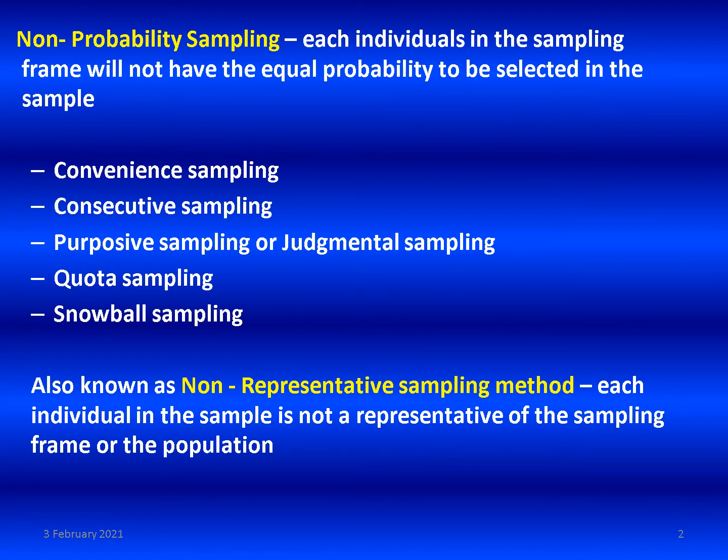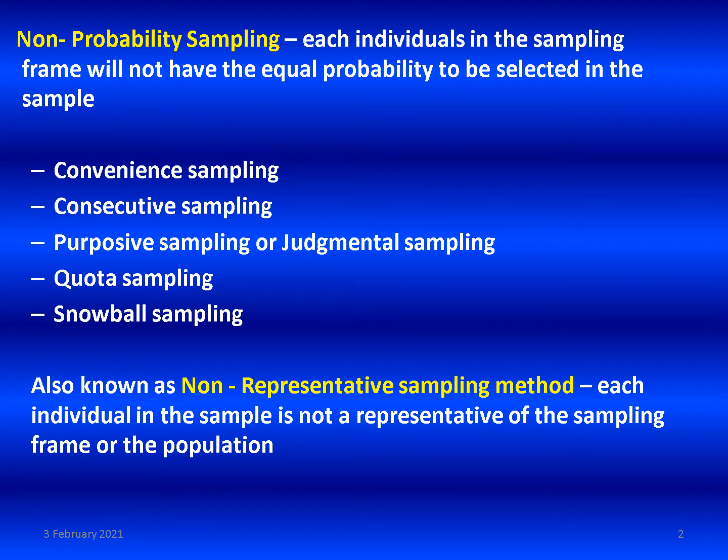Non-probability sampling method is a sampling method in which each individual in the sampling frame will not have equal probability to be selected in the sample. These are the examples of non-probability sampling methods: convenience sampling, consecutive sampling, purposive sampling or judgmental sampling, quota sampling, and snowball sampling techniques.